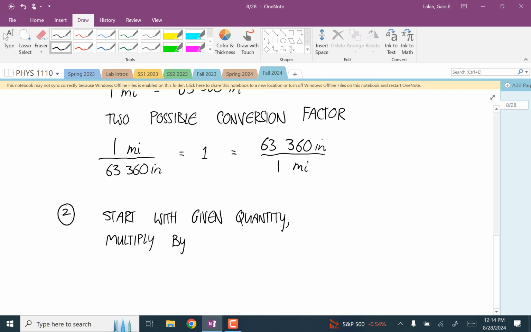So we're going to multiply by the conversion factor that cancels the unwanted units.